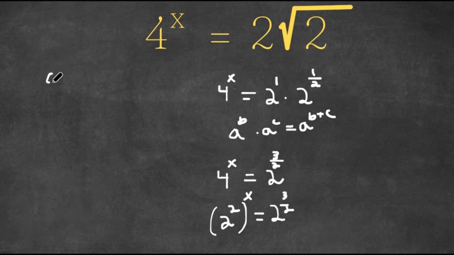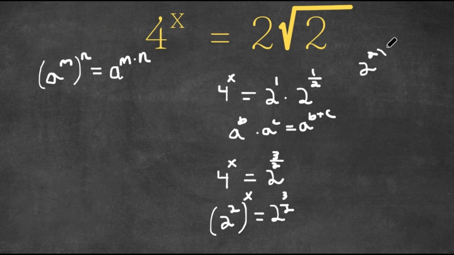Now, if we have something in the form a to the power of m to the power of n, this is the same thing as a to the power of m times n. So 2 squared to the power of x is the same thing as 2 to the power of 2 times x, which is just 2x.